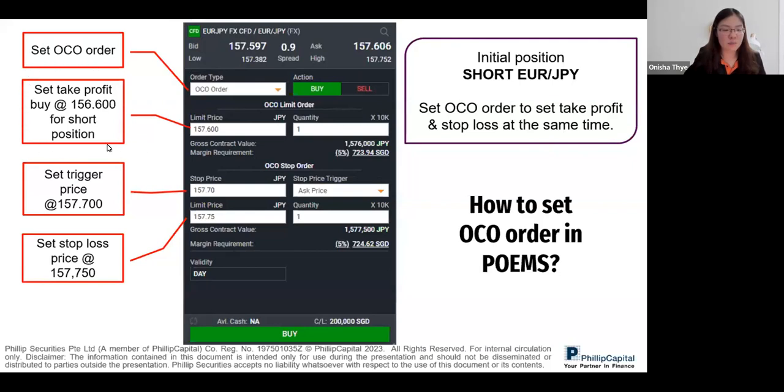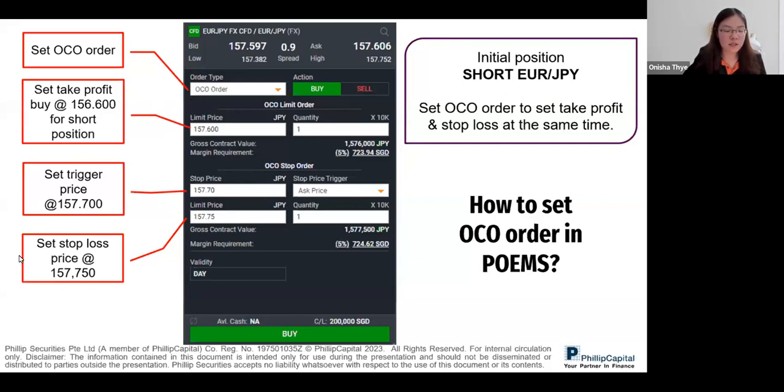We set the take profit buy at 156.6 for the short position. This is our take profit. And then we will set the trigger price for our stop loss at 157.7, because our initial position is short, correct? So our stop price must be above the market price and above our initial position.